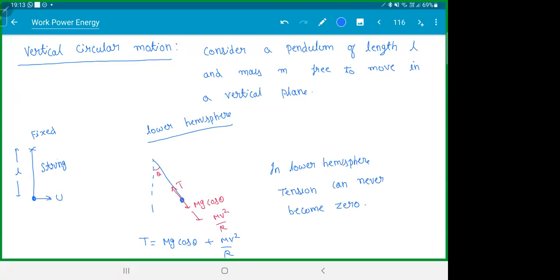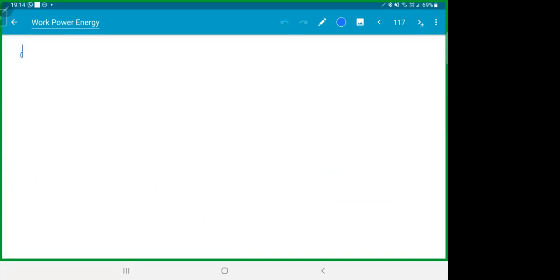This problem occurs at the upper hemisphere. Now, in the upper hemisphere, if you draw the FBD like this, initially the pendulum was like this.